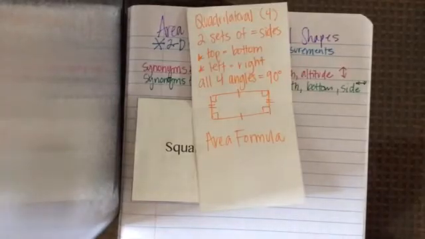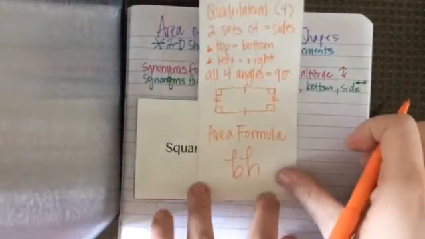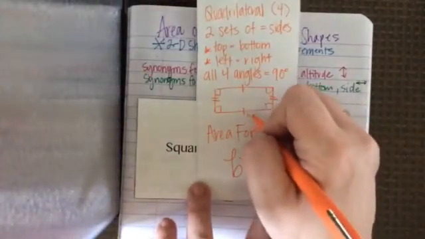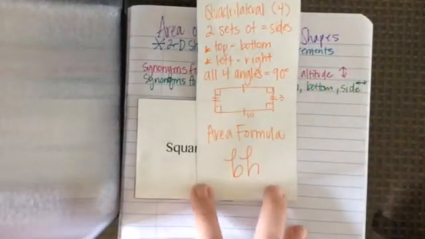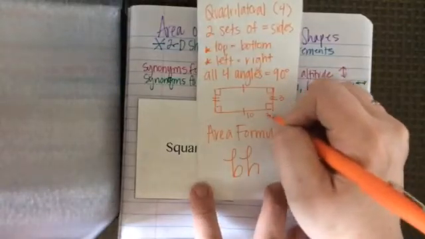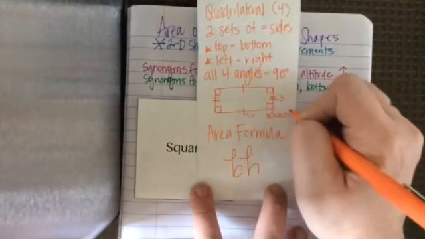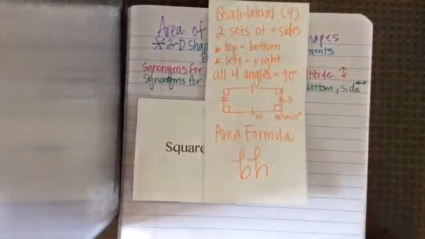But if you say base times height, meaning the bottom, which is 10, and the height, which is 3, can you find the area? Yeah. 10 times 3 is 30 units squared. Base times height.